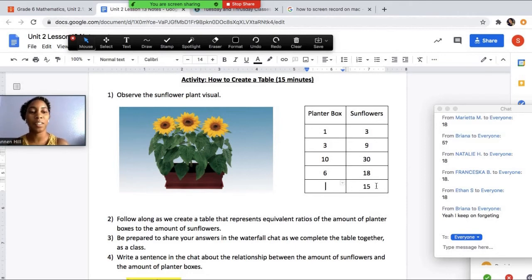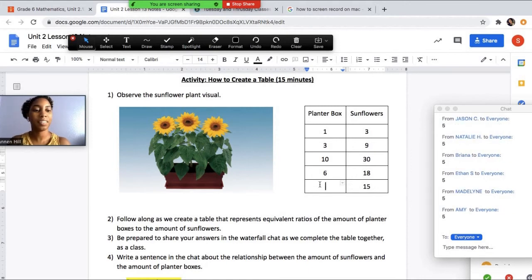All right, type your answers or press enter. All right, there we go. Now that one looks like a waterfall. Yeah, there will be 5.